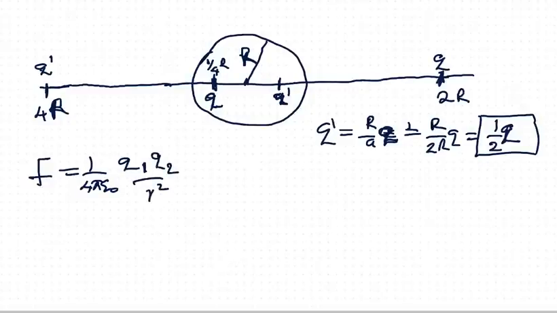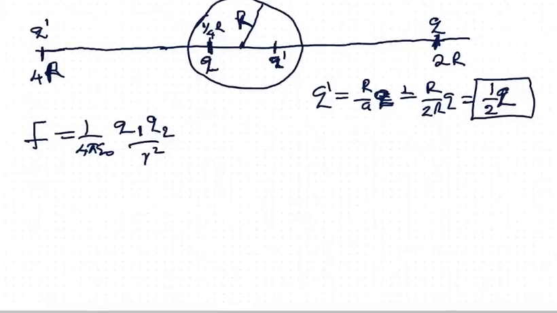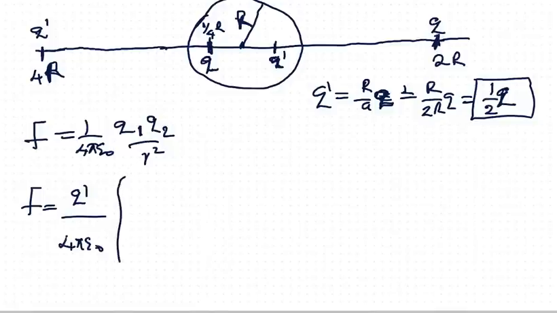So solving this, F will be equal to q prime divided by 4 pi epsilon naught, into, then consider the distance from here to this point, that will be 6r.